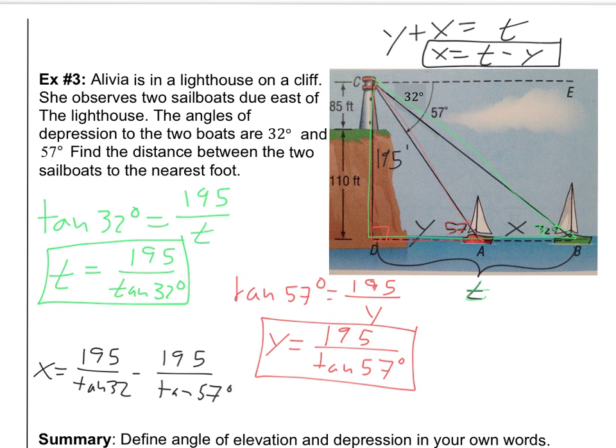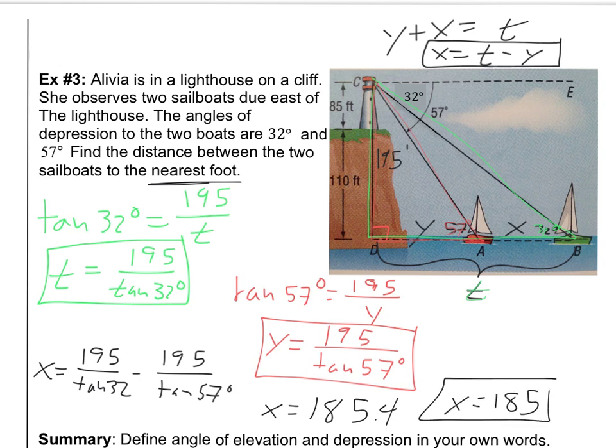So 195 divided by tangent of 32 minus 195 divided by the tangent of 57. And I get that x must equal 185.4 feet, but remember they want it to the nearest foot, so my answer is just that x equals 185 feet.